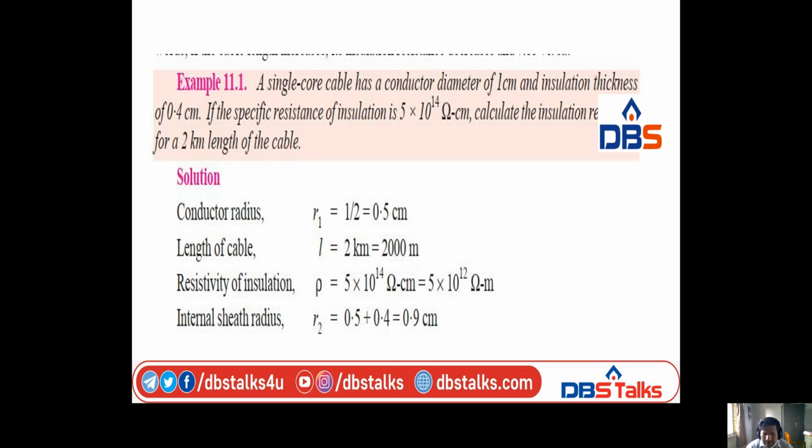And length of the cable, small l is equal to 2 kilometers, that may be converted into 2000 meters.